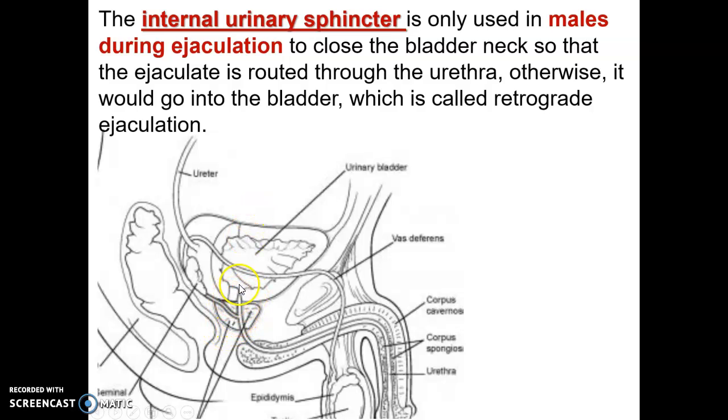Virtually 100% of the stuff would go right into the bladder if that internal urinary sphincter was not functioning. The internal urinary sphincter closes, forcing it all to come out the long path through the urethra. By the way, men have fewer UTIs, urinary tract infections, than females because females have a very short urethra. Men have a longer one because they have a penis.